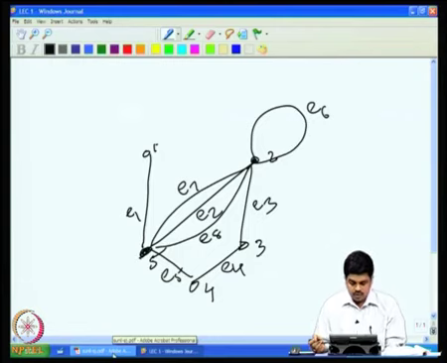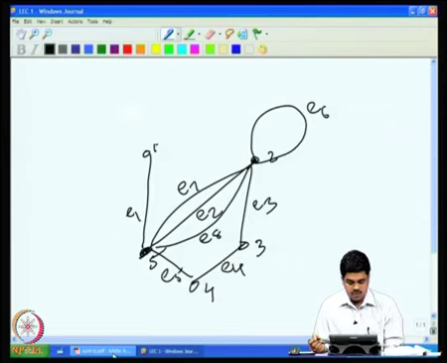When we do not have any loop or multiple edge in a graph, then we say that the graph is a simple graph. It is also possible that our vertex set is infinite, the edge set is infinite. But if we assume that both the vertex set and the edge set are finite, then we say that it is a finite graph.